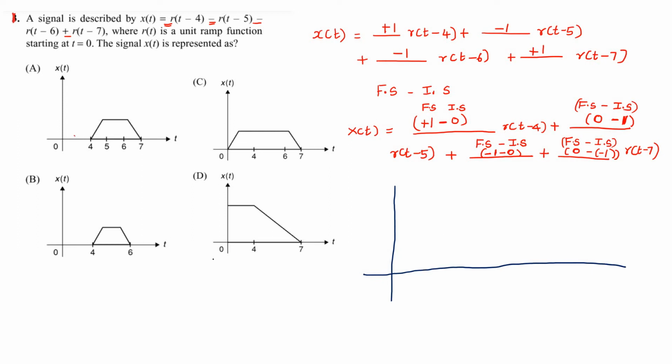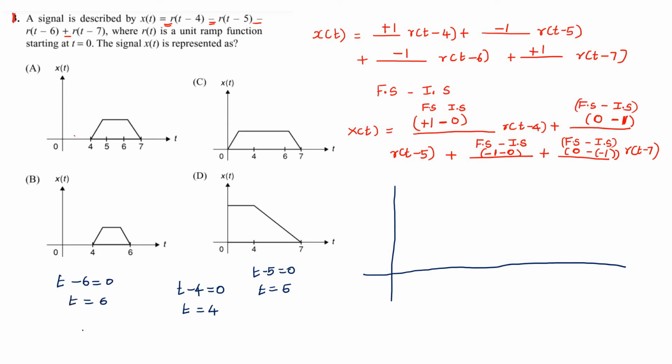So first, r(t-4): t-4 should be 0, so t = 4. Then t-5 = 0, t = 5. t-6 = 0, therefore t = 6.